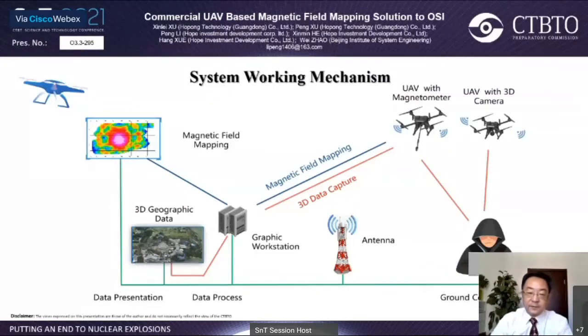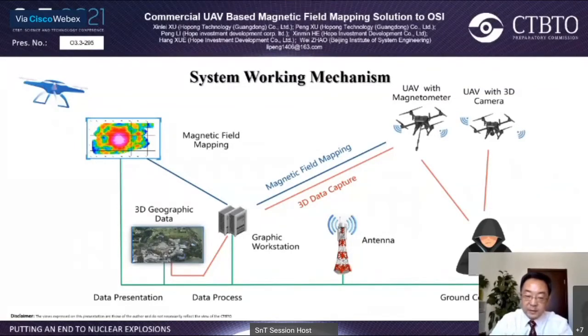And we have another chart to introduce in more detail the working mechanism. For this chart, we will see some of the hot spots of our system. The first one, of course, is a UAV platform, and then data will be transmitted in real time to the ground station for processing.